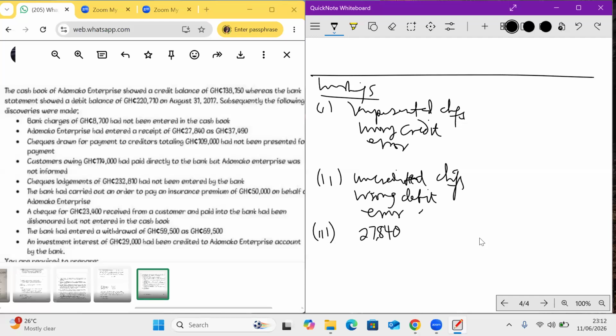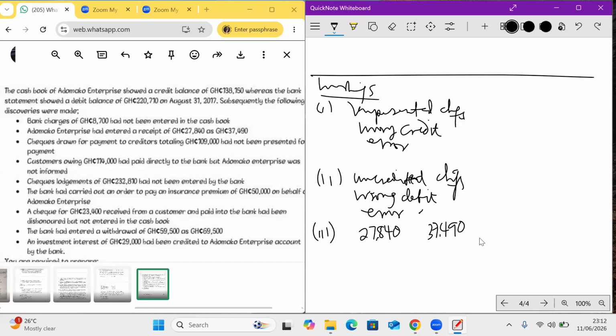But why did you write it as the error? No, we are going to do some working before I write it up there. They recorded it as what? 37,490. What should we do?